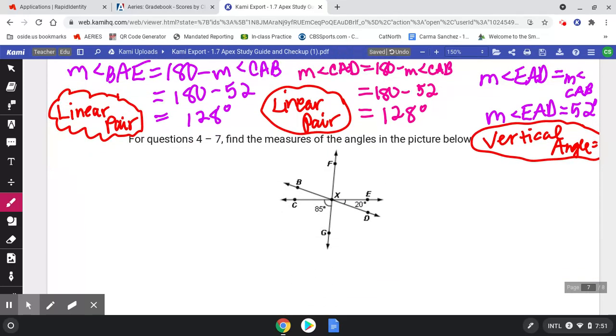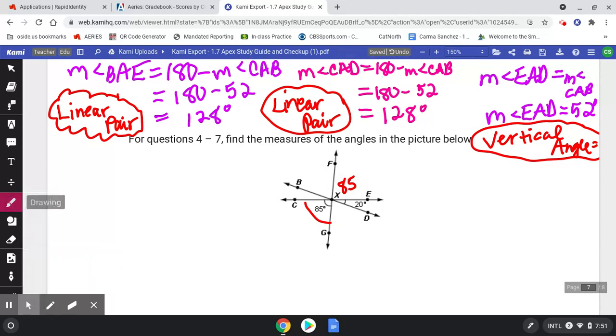All right, find the measures of the angles in the picture below. Now, sometimes when I'm doing these, I like to just mark the picture so that I have all the angles and then I can just go answer it. For example, if I see that this is 85, look at the vertical angle across from that, x. X is also equal to 85.